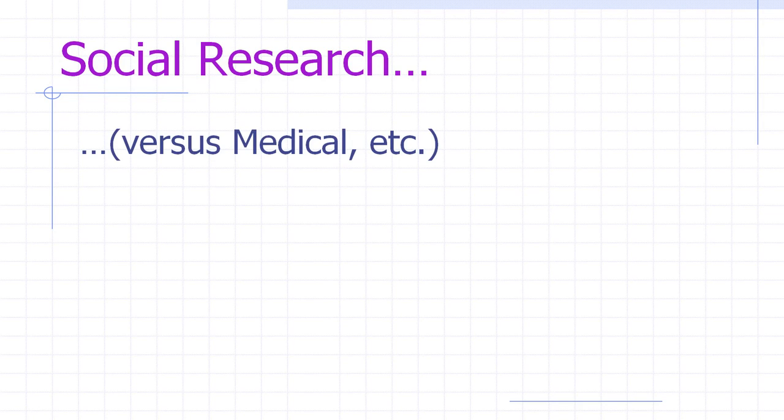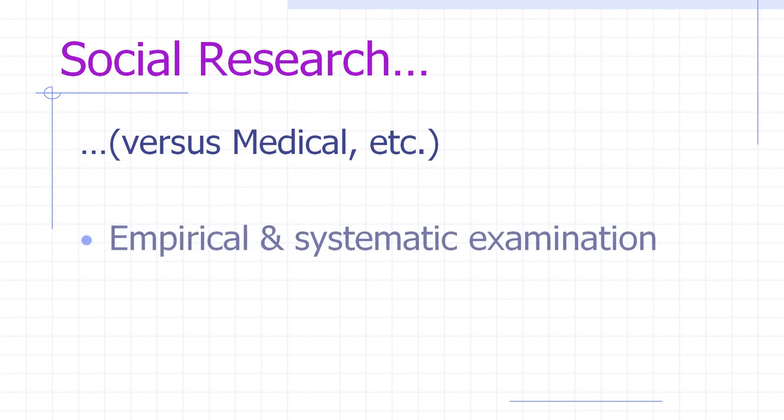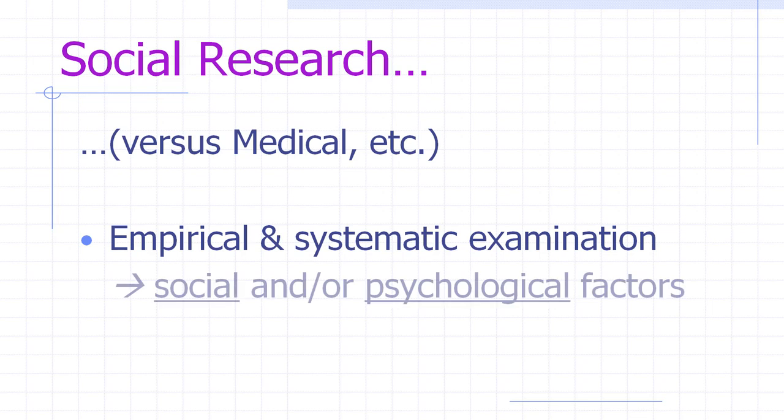Okay, so let's move on to social research then. Social research versus medical or other types of research is very particular in the sense that it focuses on, again, empirical and systematic examination, but of social and psychological factors in particular.